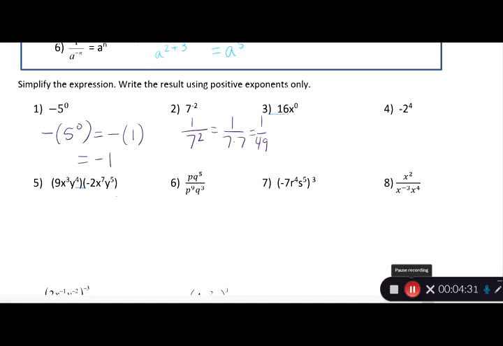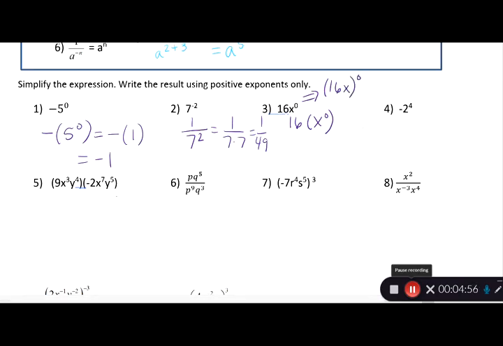So 16 times x to the 0 says 16, and there's no parentheses, but this is actually just x to the 0. So the common mistake we see is that people apply the 0 to the 16 also, and that is not what this says. In order for the whole thing to be to the 0 power, it would have to be written like 16x to the 0.